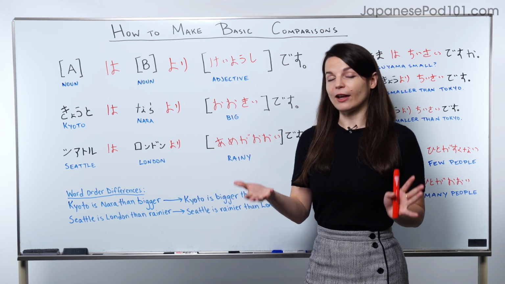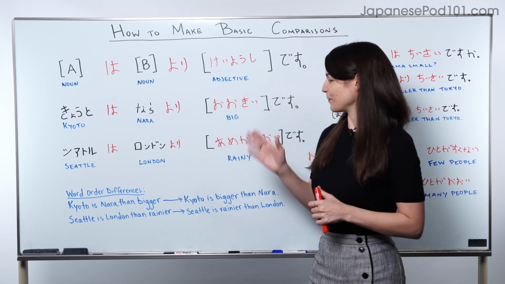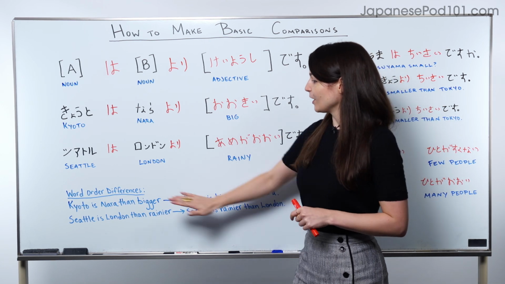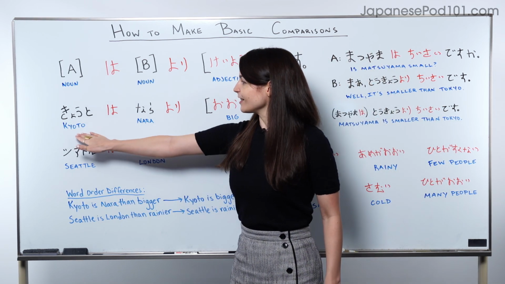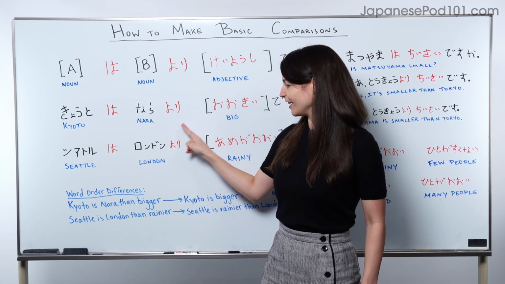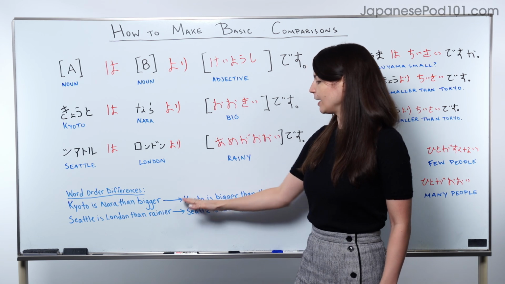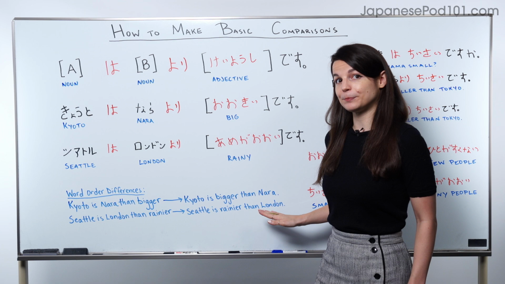So, as you might have noticed, the word order is a bit different from English in patterns like these in Japanese. If we compare the two, we might read these sentences as Kyoto is Nara than bigger. But in English, we understand it as Kyoto is bigger than Nara.